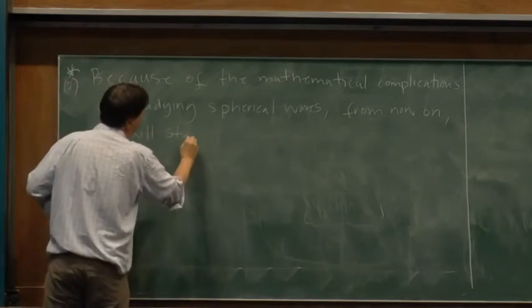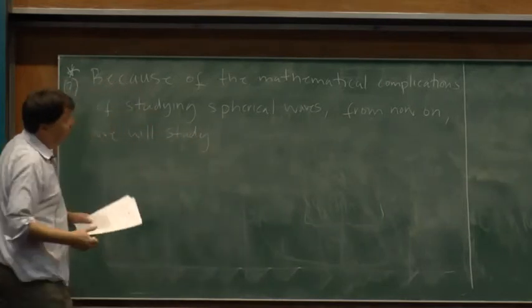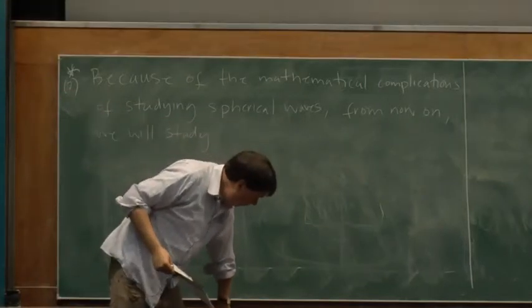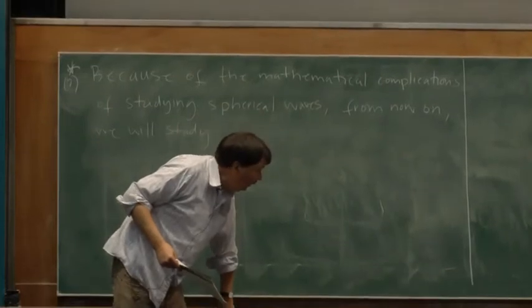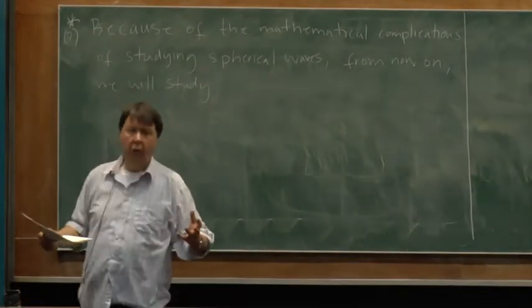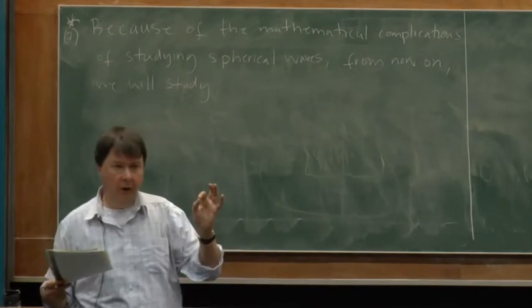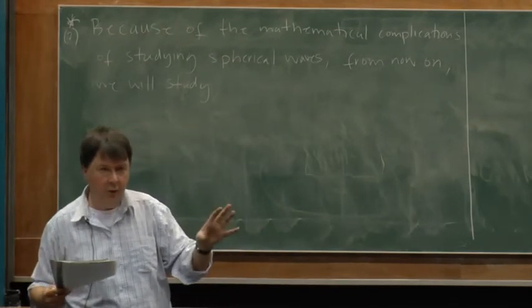There are a couple of things, like when we come to what's called Fresnel diffraction in optics, where if you throw away the spherical nature of the wavefront, you lose all of the information. And there are one or two little bits where we will have to consider spherical waves.